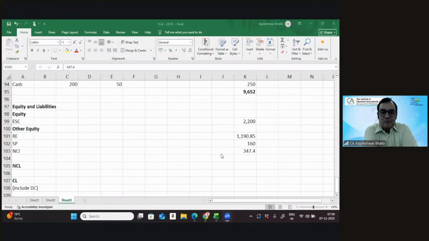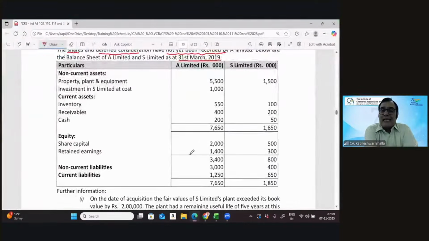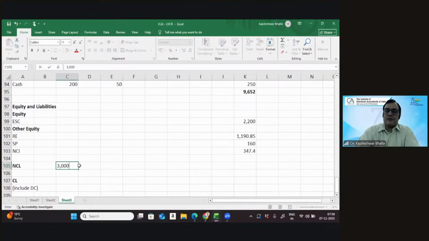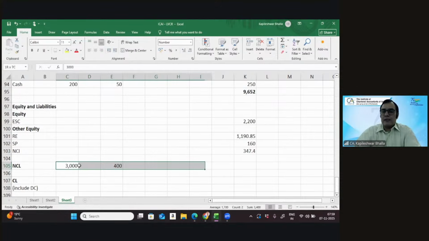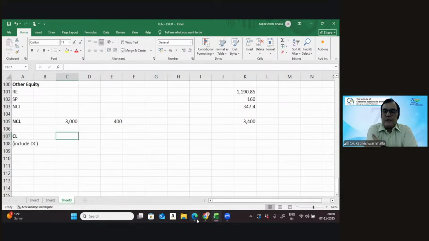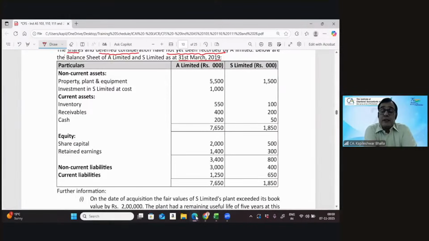Wonderful indeed. Okay, then we go to the non-current liabilities, and in terms of the non-current liability, it is 3000 and it is 400. So non-current liabilities is 3000 and that is 400. I guess there are no adjustments given, and that's going to fit in out here. And then we can take the current liabilities, that's extract balance sheet, right?